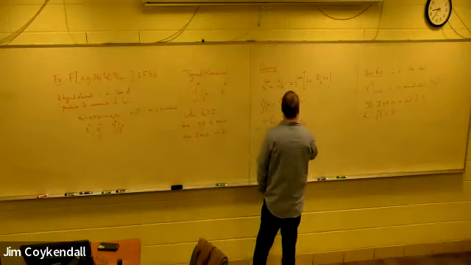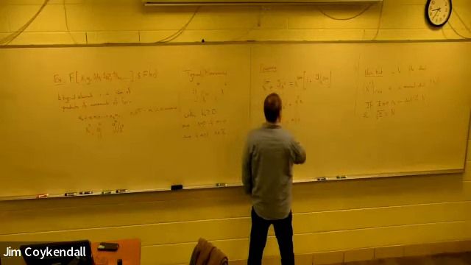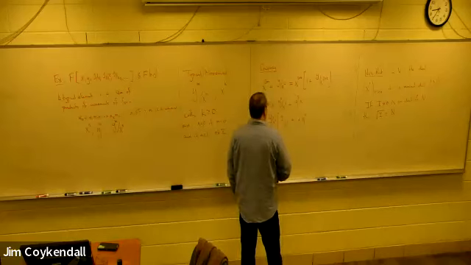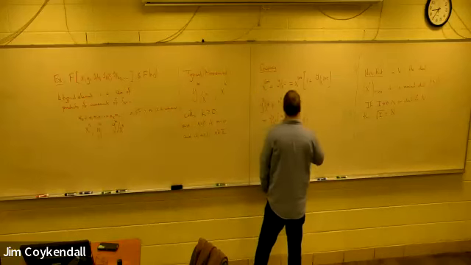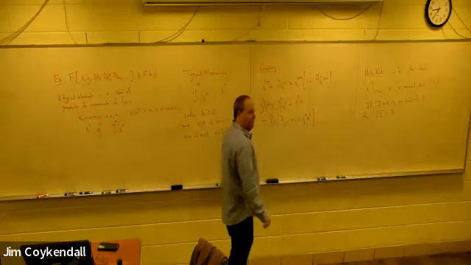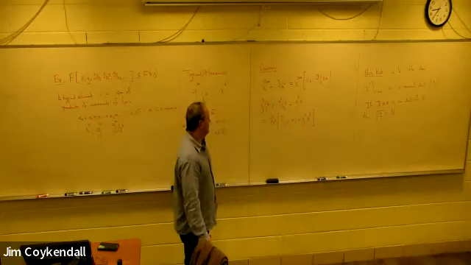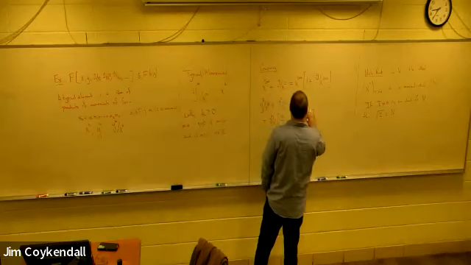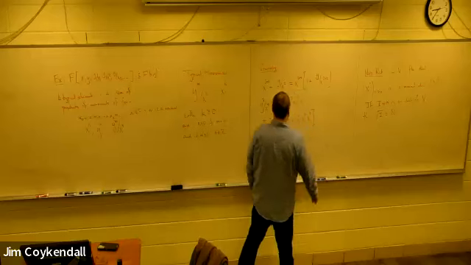This leaves 1. This leaves y to the 4th, and now I don't really care about the x, so this should be x to the 5. Yeah, this should be a cube. There we go.